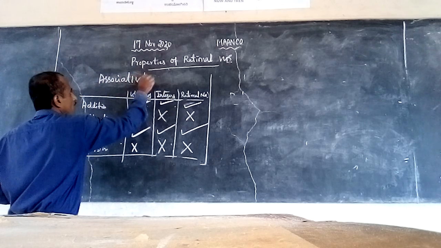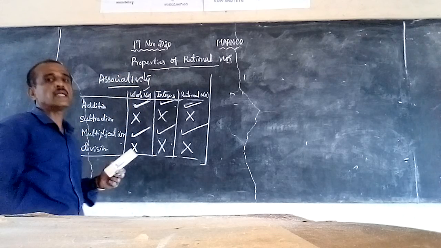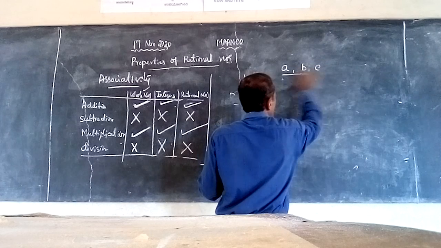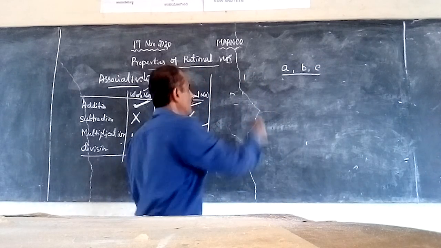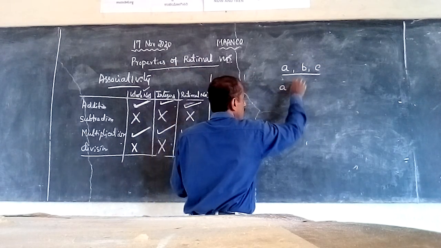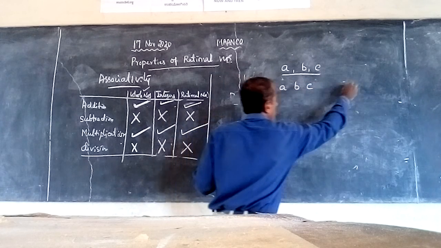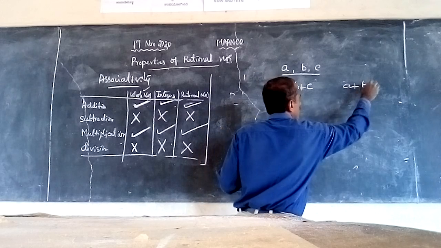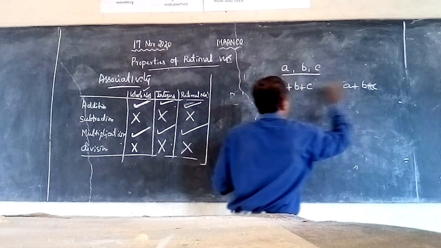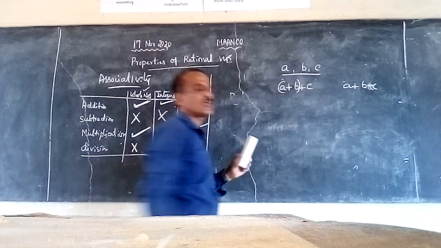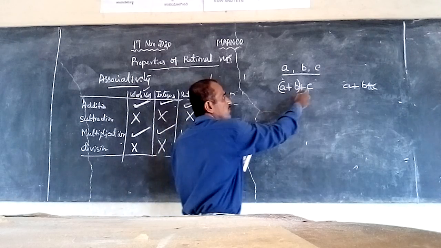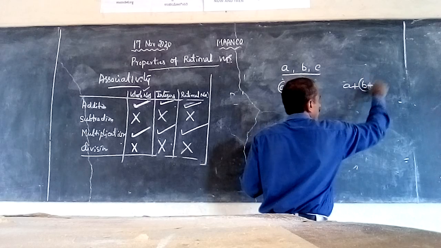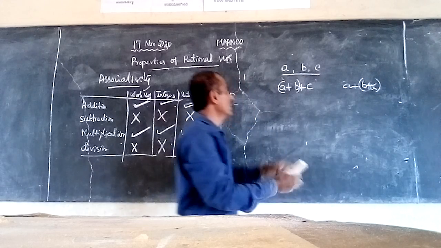Associativity means there must be three numbers A, B and C. In those three numbers, you have to change the grouping. See, A plus B plus C: here you have to group the first two numbers, A plus B, and to the sum of that C is to be added. And here, the first number A is to be added to the sum of B and C. See, how to read this?